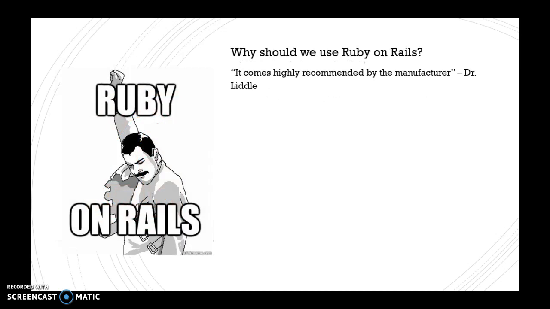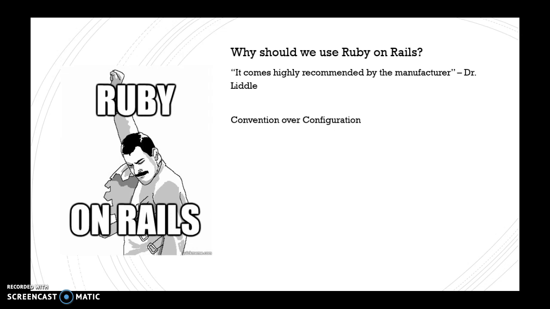So now, why should we use Ruby on Rails? Ruby on Rails advertises two main conventions with their framework, and the first one is called Convention over Configuration. This focuses on making the mundane decisions that are required for the program to run. Ruby on Rails does that for you.